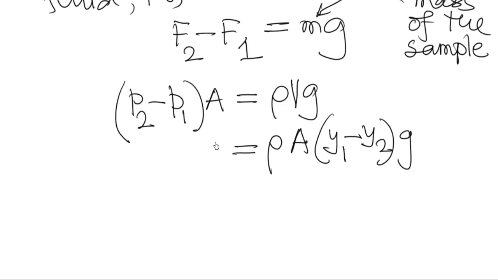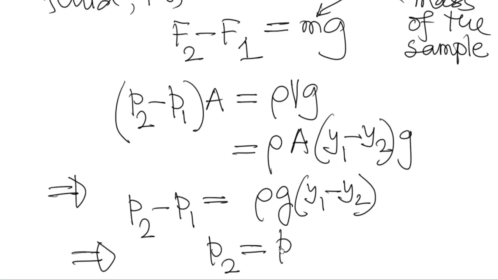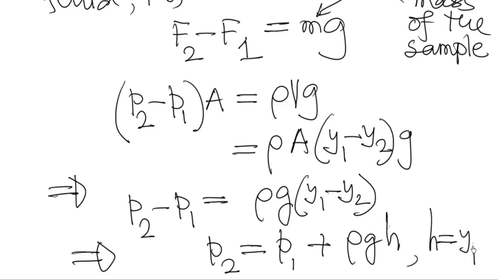So if we cancel A from both sides, then this one can be written as P2 is equal to P1 plus rho g h, where h is the height of the sample fluid, and this is y1 minus y2.